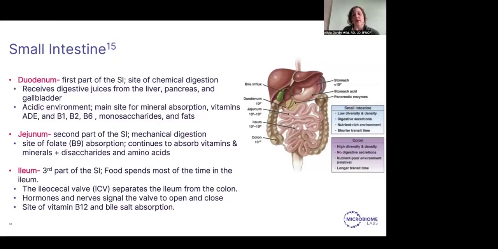And it's where you're having some B12 and some bile salt absorption. So about 95% of your bile is actually reabsorbed in the ileum. So again, think about if somebody's missing any parts of their intestine, if they're missing their ileum, or if they've had some jejunal resection, where are they then going to be challenged with some of their nutritional status?